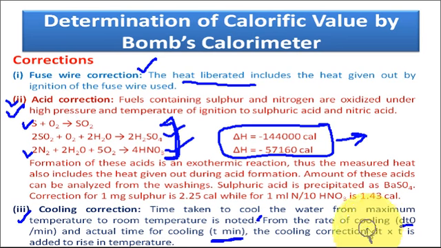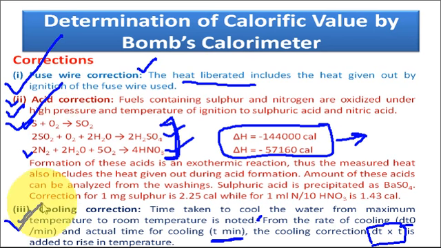So the cooling correction will be dt multiplied by T. So in all we have three corrections: fuse wire correction, acid correction and cooling correction. Out of these three, the fuse wire correction and the acid correction must be subtracted from the total value, while the cooling correction is to be added to the total value.